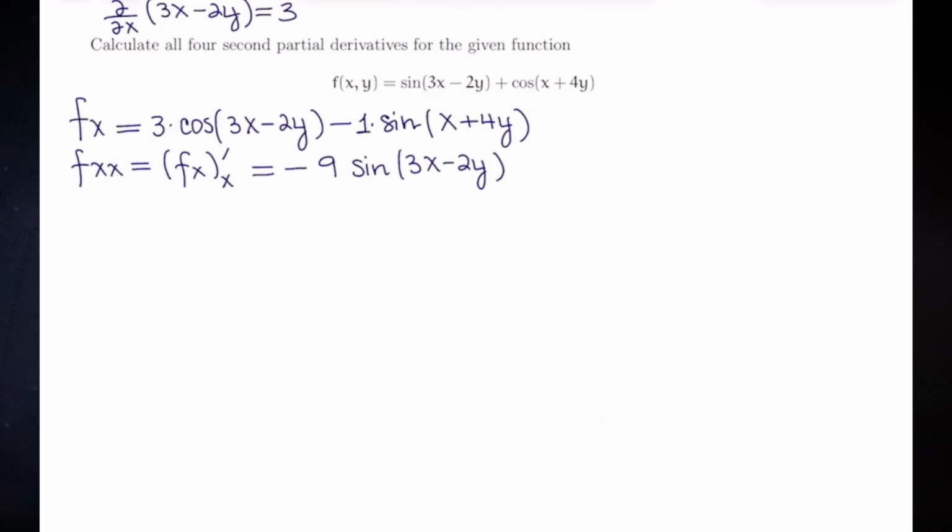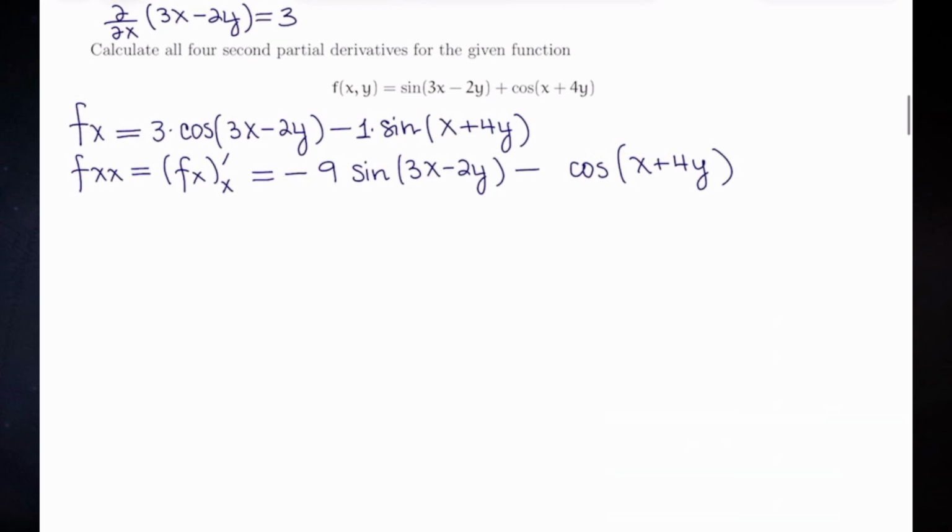What about the second part? The derivative of sine is positive cosine, so still we have a cosine here, x plus 4y. That's the argument, and the derivative of that argument with respect to x is 1.